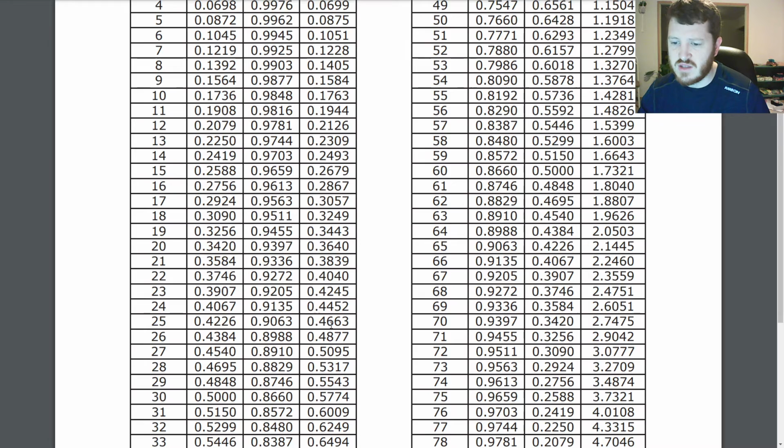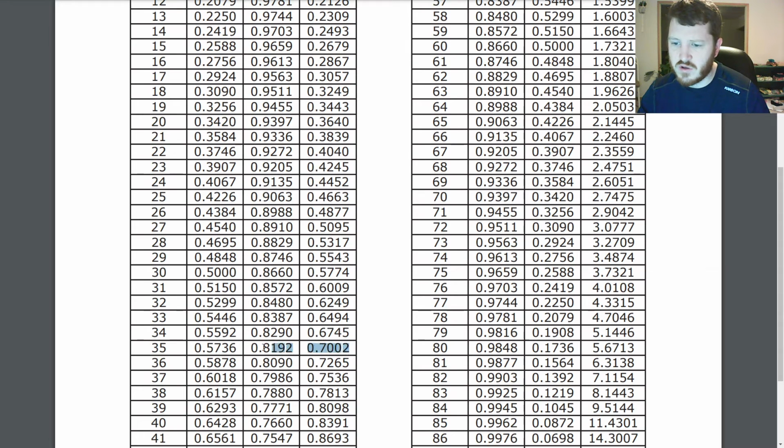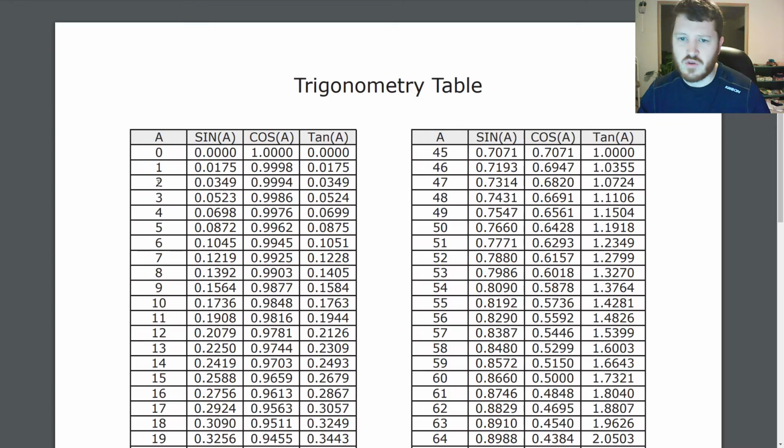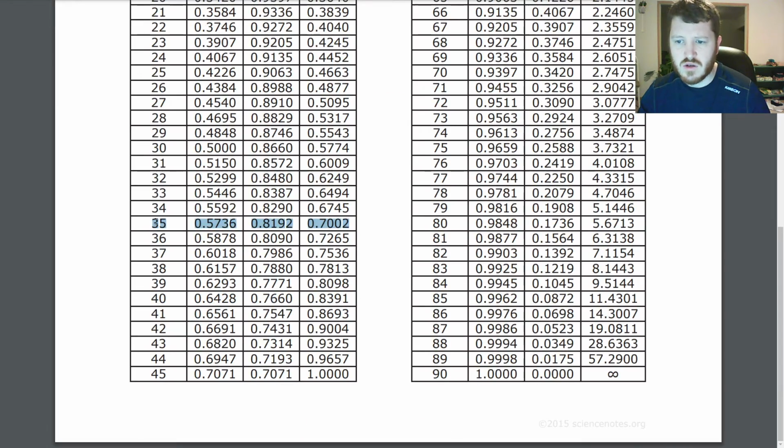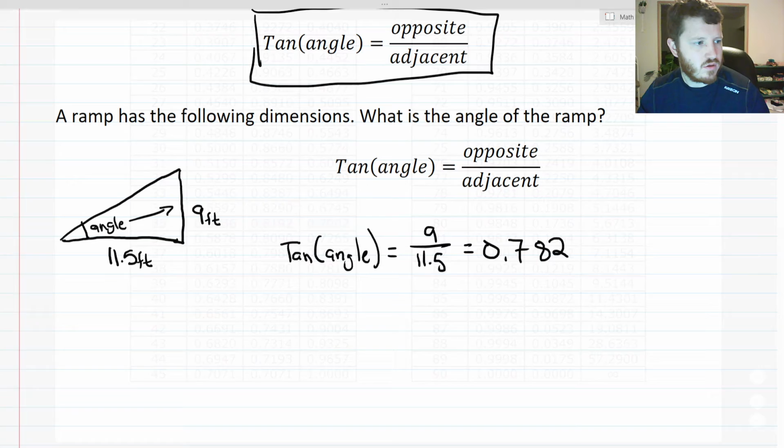From before, we said 0.7. So if we look right here, if we have a ratio of 0.7, that's a triangle of 35 degrees. So, when I had an angle of 35 degrees, that means my tangent ratio is 0.7. For the one we had, we need 0.782.